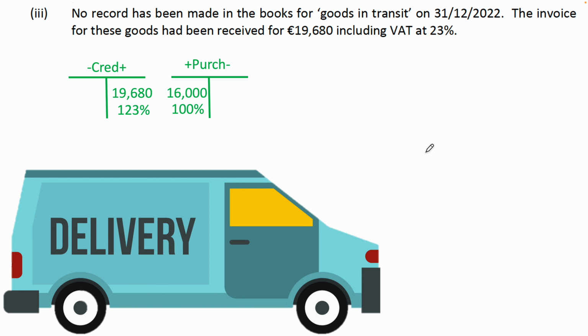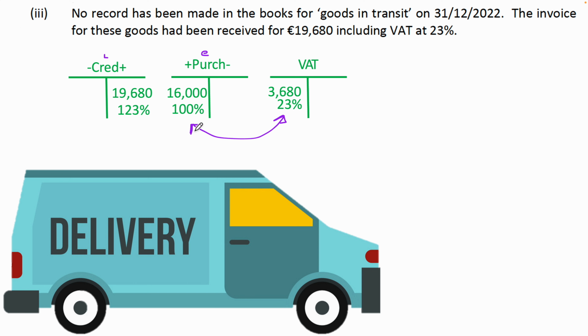In the purchases account, the expense account, so expense accounts are debited when they increase, creditors are a liability account, credited when they increase, but in the purchases account, you're just going to put the €16,000. And the VAT account is going to be recorded on the same side as the item that it's attached to. In this case, it's our purchases.